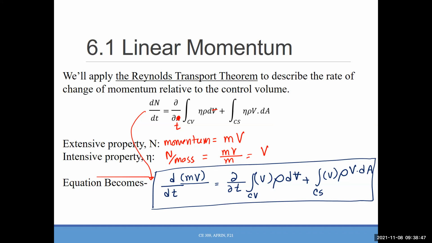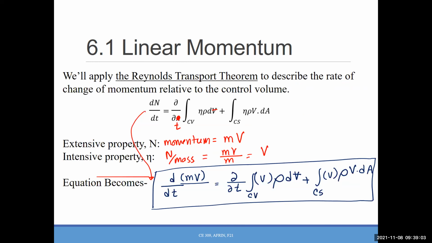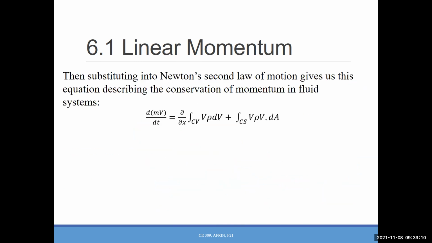If you are done, I will go to the next slide. Now, d over dt of mv equals what, from Newton's second law of motion? The summation of forces, right? So we will just replace that. For this one, we will say this is the summation of force.